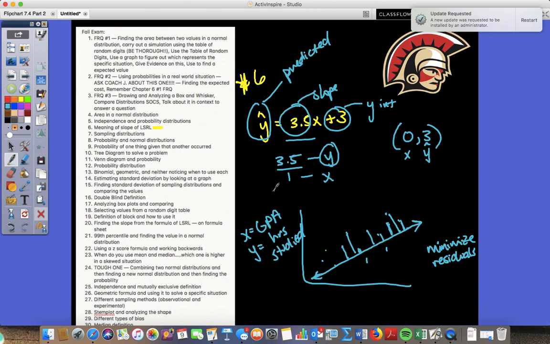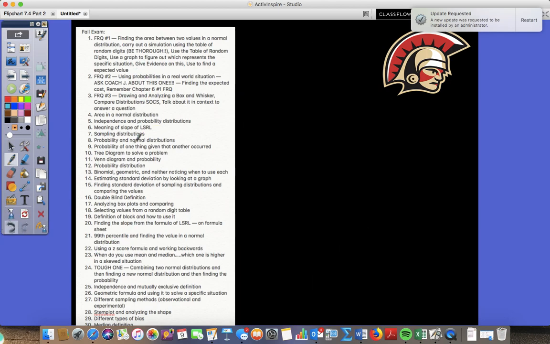So what we would say is that as GPA increases by 1, hours studied increases by 3.5. So it's rise over run. That's how we would describe the slope of an LSRL.